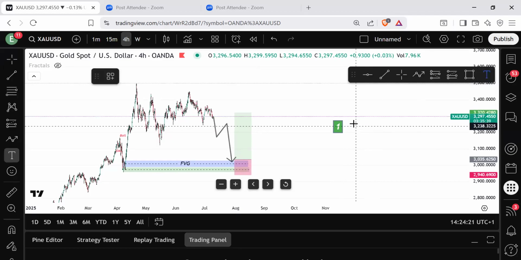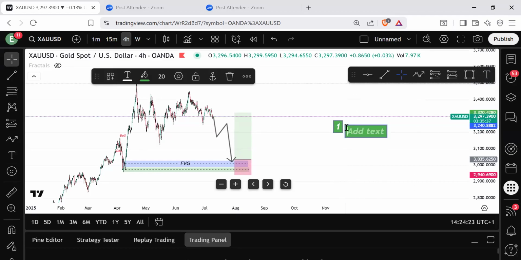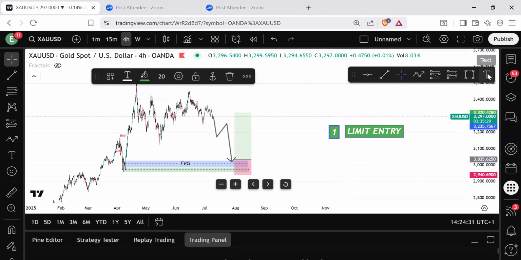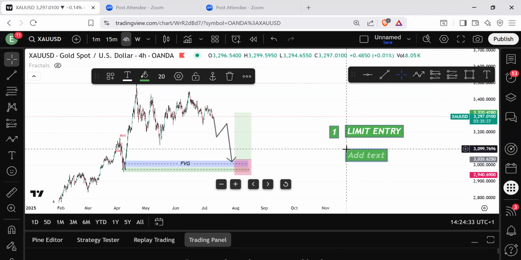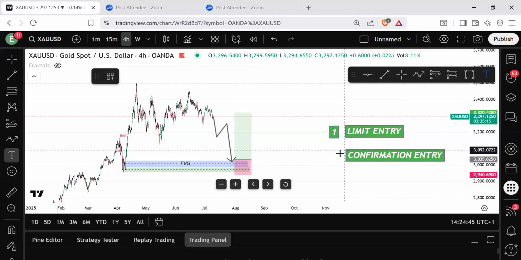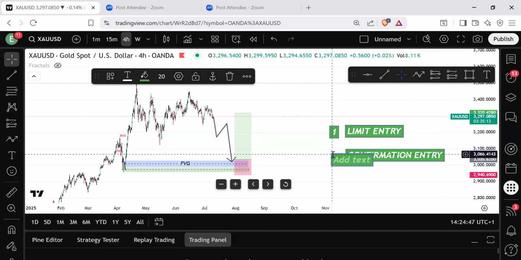We have the confirmation entry. So these are the two types of entry.